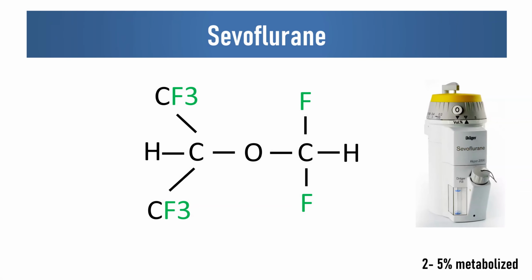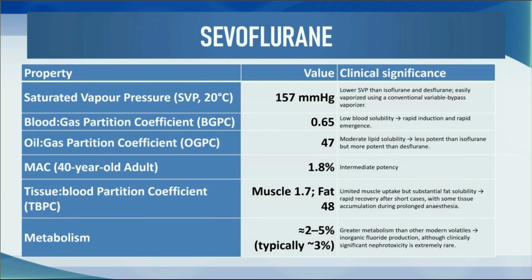At around the same time as desflurane was introduced into clinical practice, another highly insoluble fluorinated ether emerged from left field to become the dominant volatile agent of the 21st century, and that is sevoflurane. Sevoflurane is also highly insoluble in the blood.